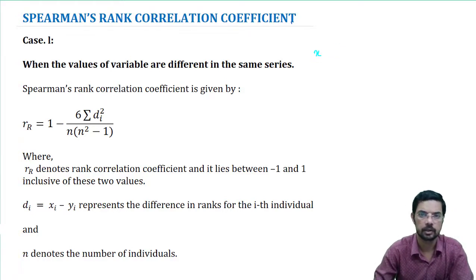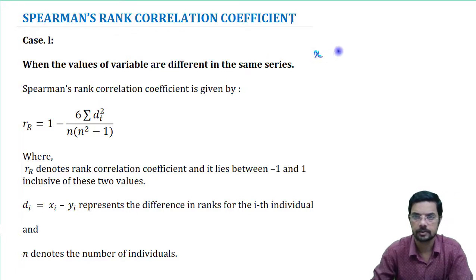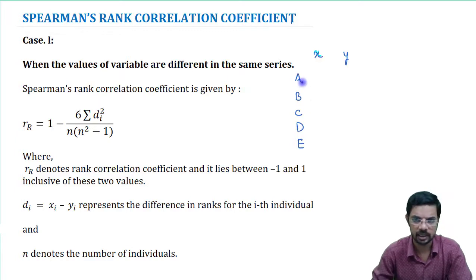These are the two judges evaluating 5 people A, B, C, D and E. There are 5 candidates A, B, C, D and E, and there are 2 judges X and Y. So for candidate A, the rank given by judge X is, say, the second rank, this is the first rank, this is the third rank, the same way this is the fifth rank and this is the fourth rank.